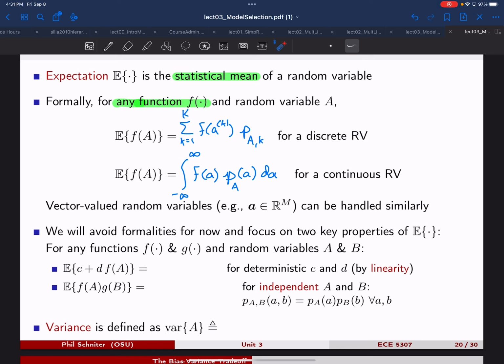Here, I have C and D, which are just deterministic constants. These are not random variables, they're just some fixed numbers. Here is some function f, it could be any function, and here's my random variable a. Okay, so if I take the expectation of C plus D times the function of a, what do you think happens?